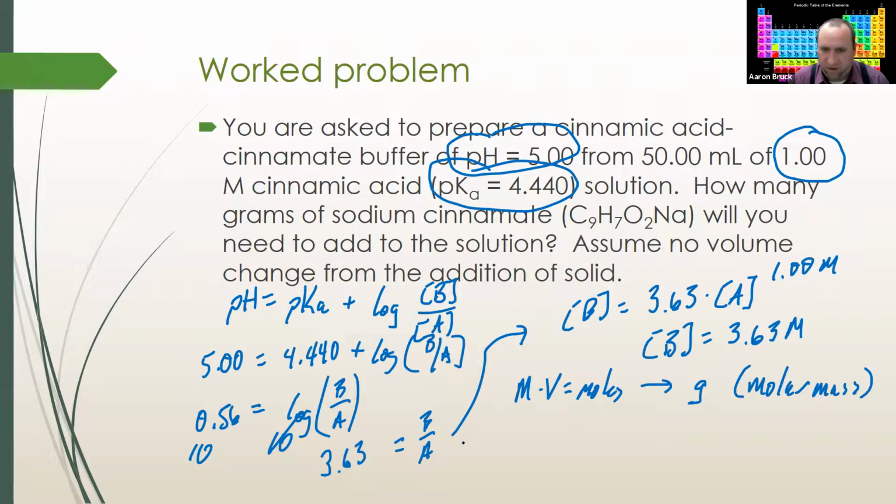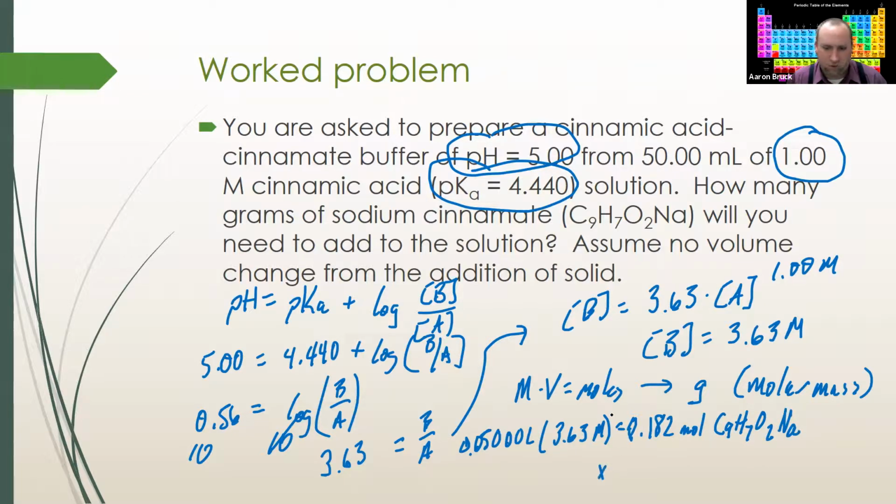So I've got 50 milliliters, that's 0.05 liters, multiplied by 3.63 molar, and that would give me 0.182 moles of sodium cinnamate, C9H7O2Na.